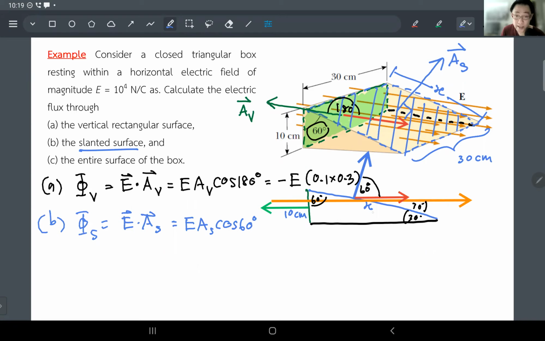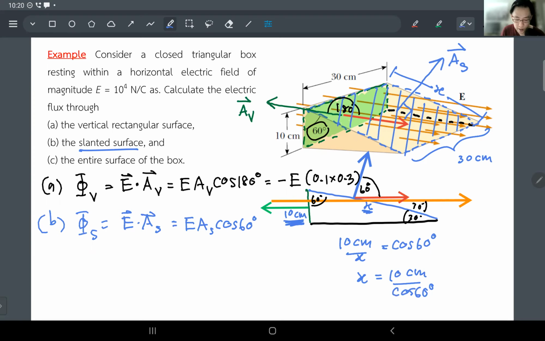So can you figure out the X from trigonometry here? Well, that's no big deal. It's adjacent over hypotenuse, 10 over X is cosine 60. Just let me know if I lost you somewhere. When you look at the bottom triangle, it's adjacent over hypotenuse, which gives you cosine 60. So that means X is just 10 centimeters over cosine 60, yeah?